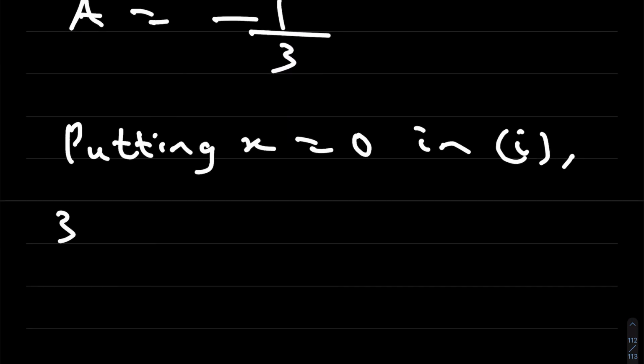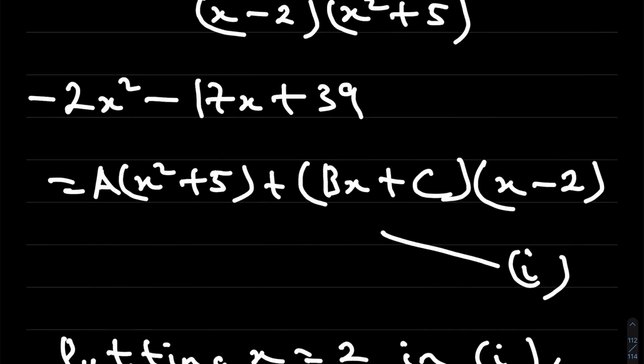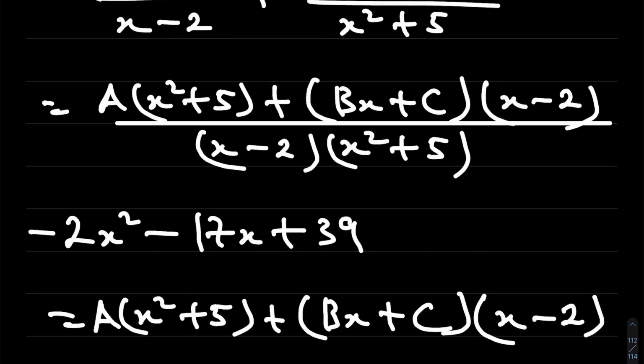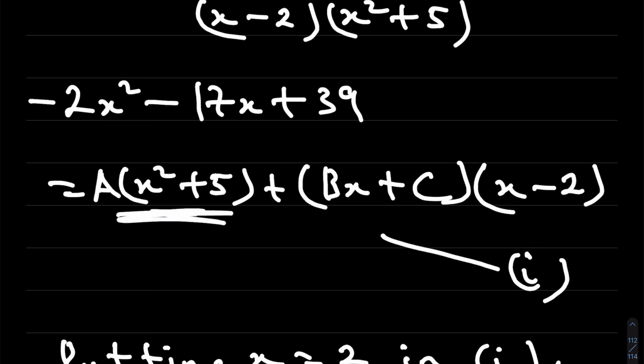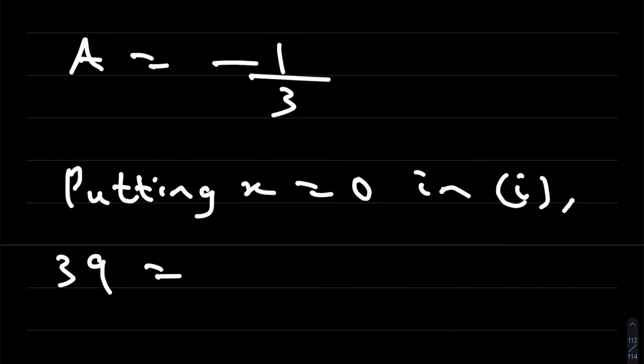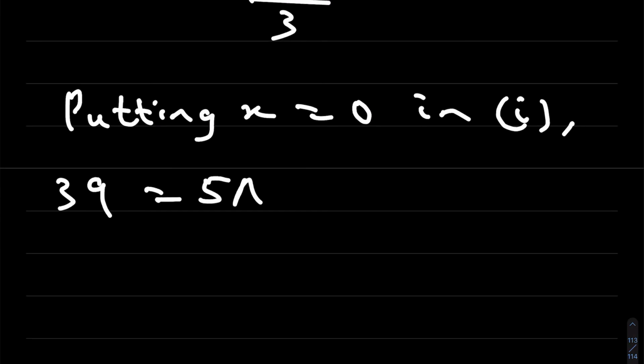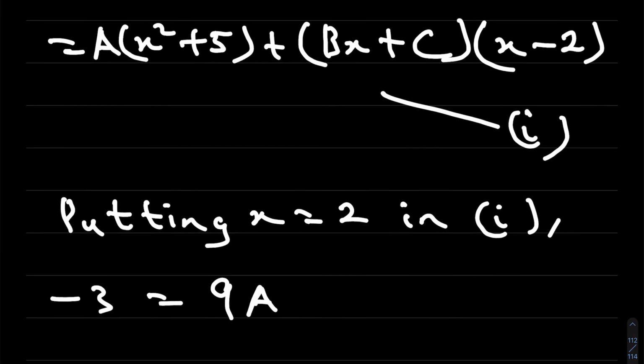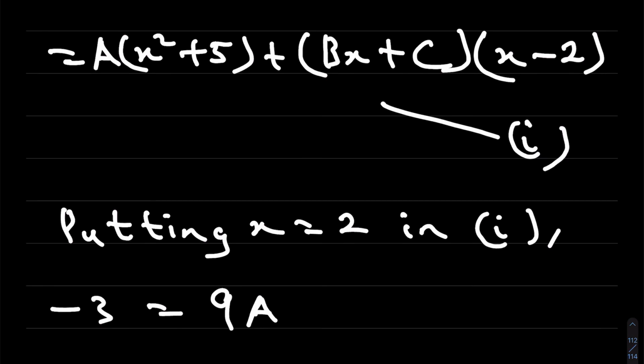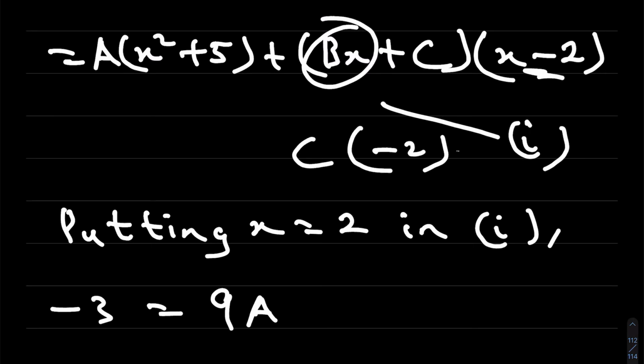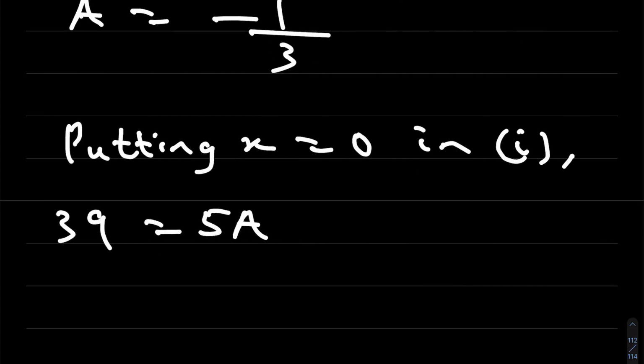So 39 equals, on the right hand side, 0 squared is 0 plus 5, that will be 5a, and b times 0 is 0. 0 plus c is c, and 0 minus 2 is minus 2. So that's c times minus 2, which is minus 2c.